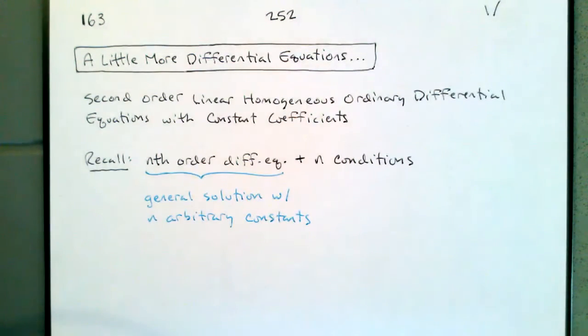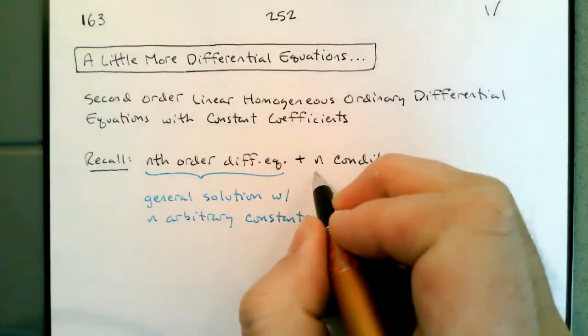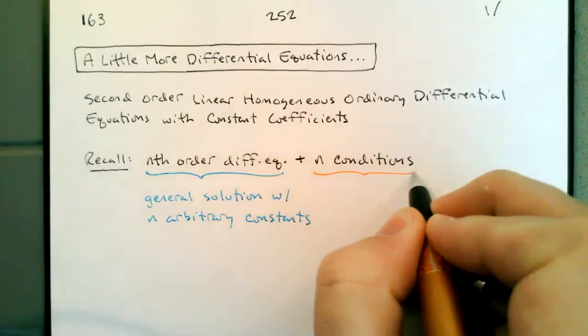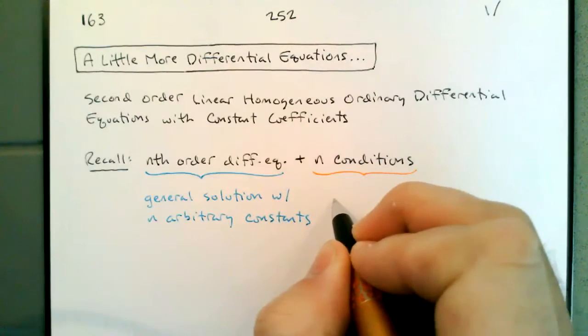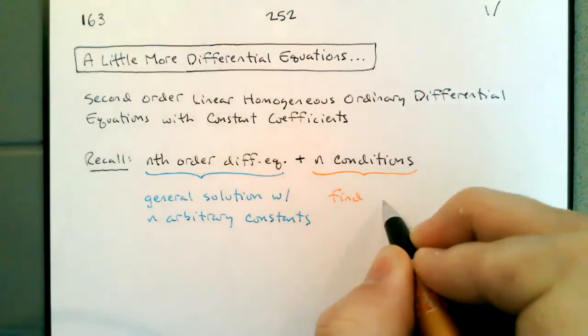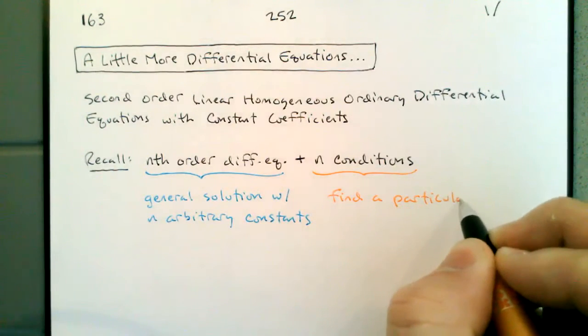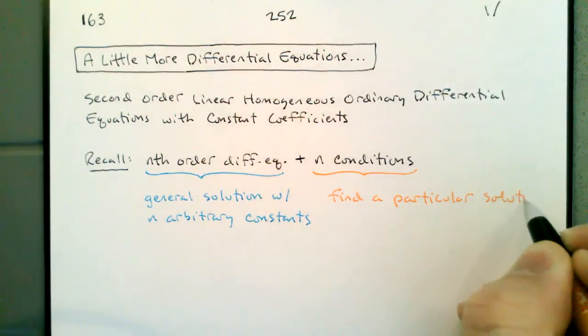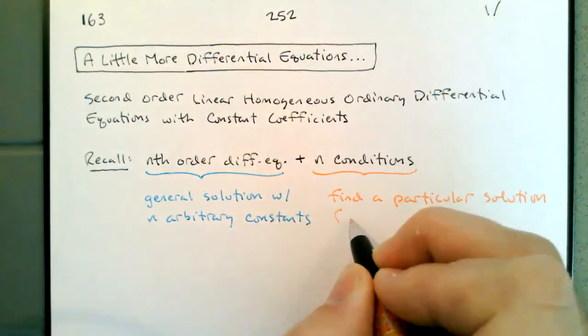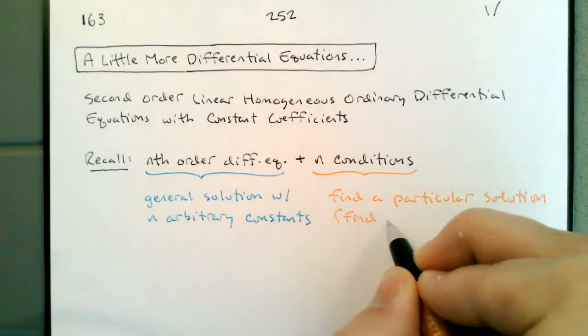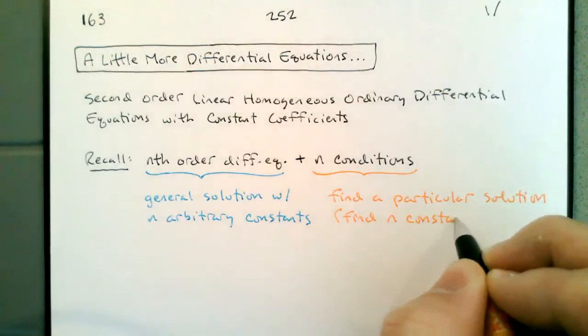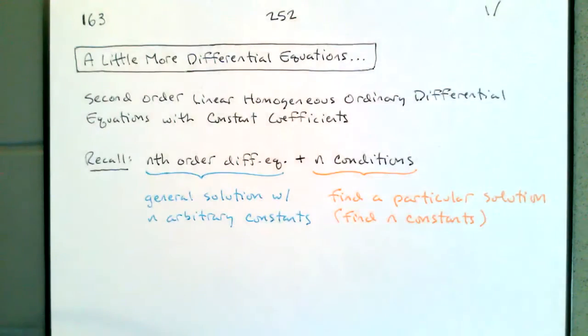So an nth order differential equation is going to require n conditions because it will produce n arbitrary constants. So we'll need n additional pieces of information to narrow things down to a particular solution.